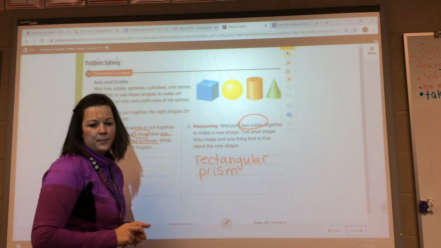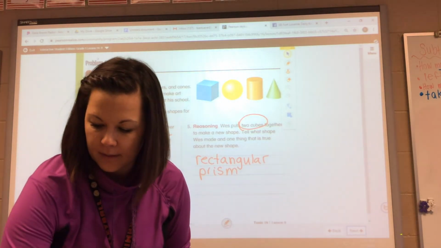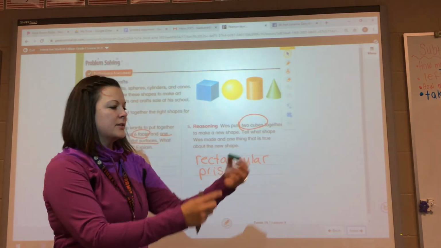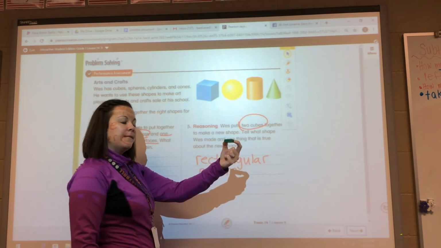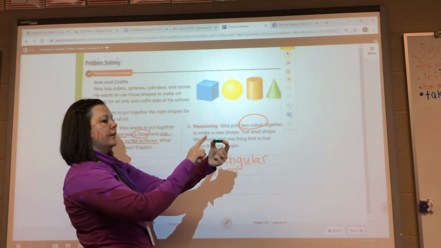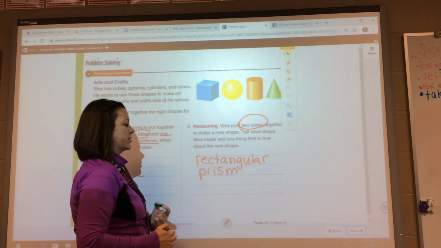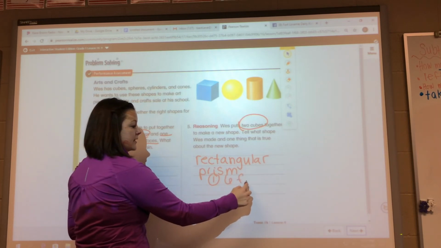Now, what is something that is true about a rectangular prism? So, if he now has this rectangular prism, what do we know about that? So, let's talk about the faces. Let's count them. 1, 2, 3, 4, 5, 6. So, one thing we know that's true is that they have 6 faces.